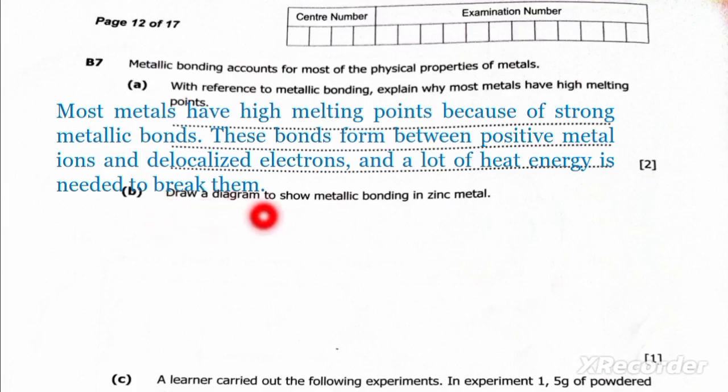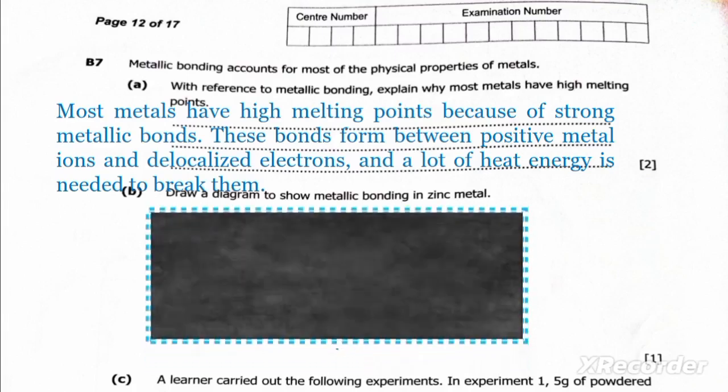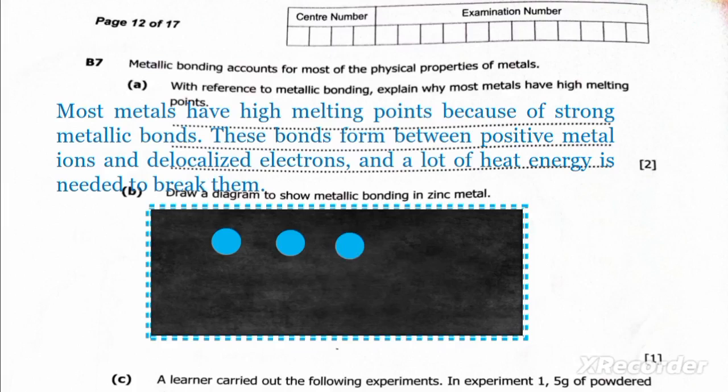Draw a diagram to show metallic bonding in zinc metal. So remember, zinc has valence 2. We are going to begin by drawing the positive charges.